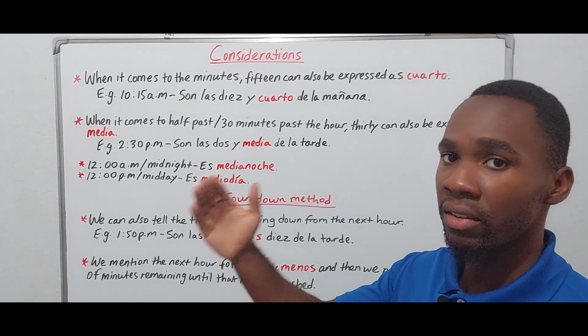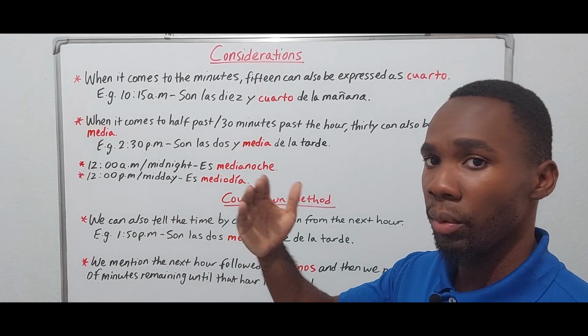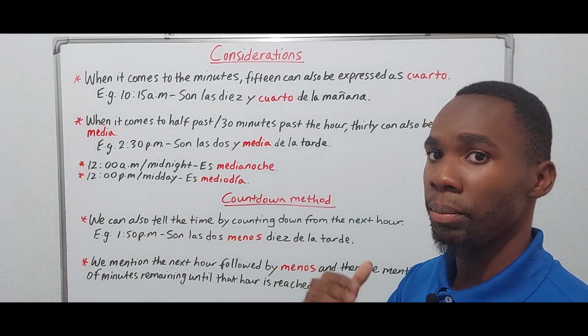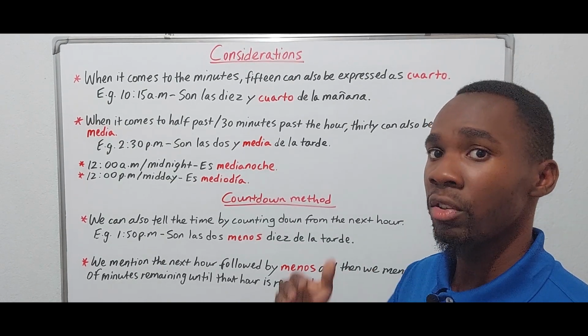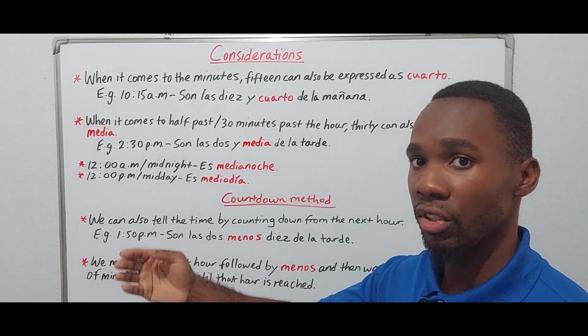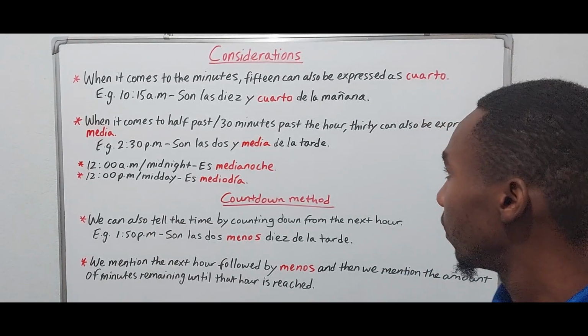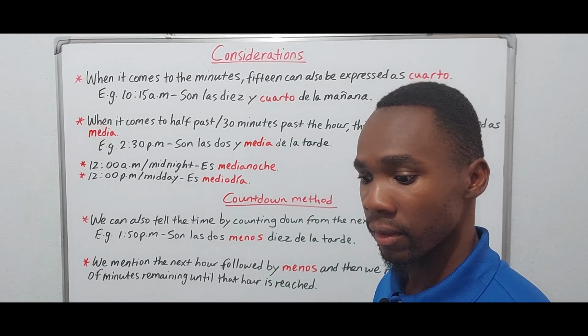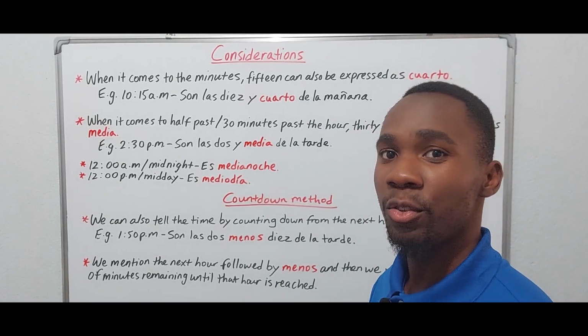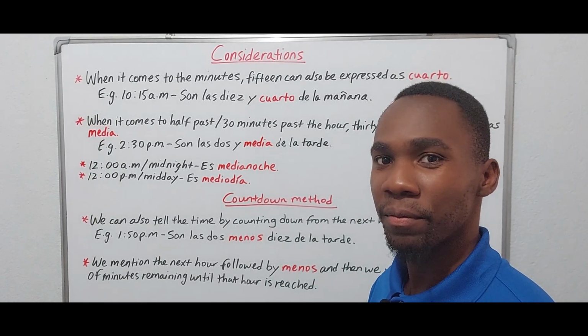We mention the next hour, then we put menos, and then we calculate the amount of minutes remaining until that hour is reached. Okay? So this is the end of considerations, and now we're going to proceed to a quiz.